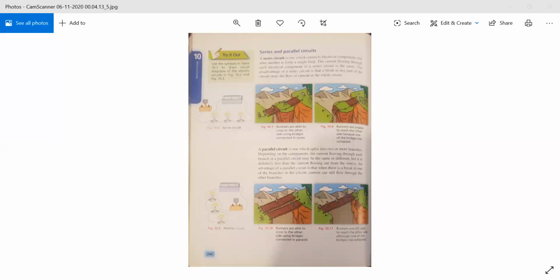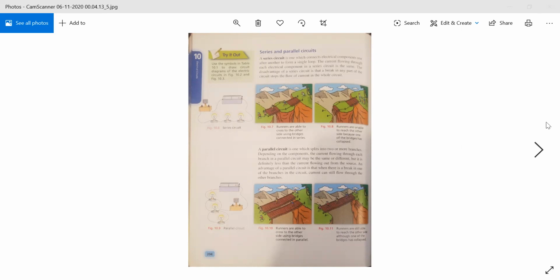And it has an advantage: if somehow there is any break in the circuit, the other bulbs or lamps will not break down, they will light up as well, because they are placed in a loop way such that if any break comes in a parallel circuit, the current can still flow through the other branches.